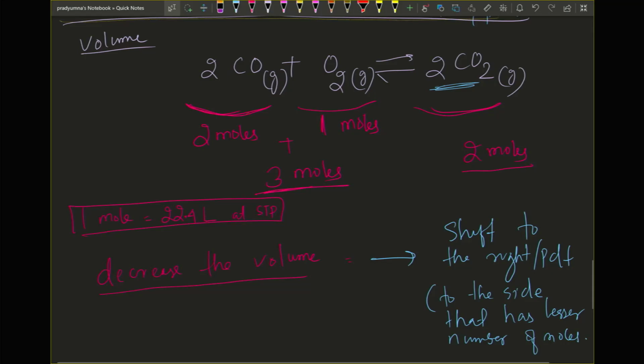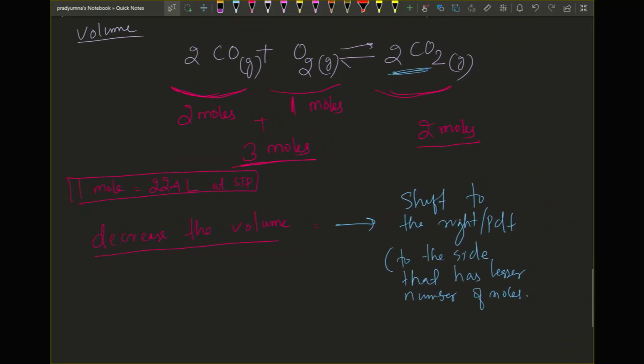All right. The opposite would happen if you increase the volume. If you increase the volume of your reaction chamber, it will bring the equilibrium to the left side for this particular example.